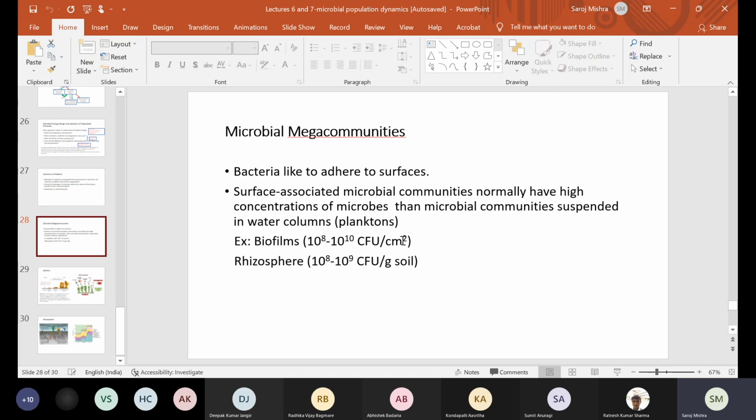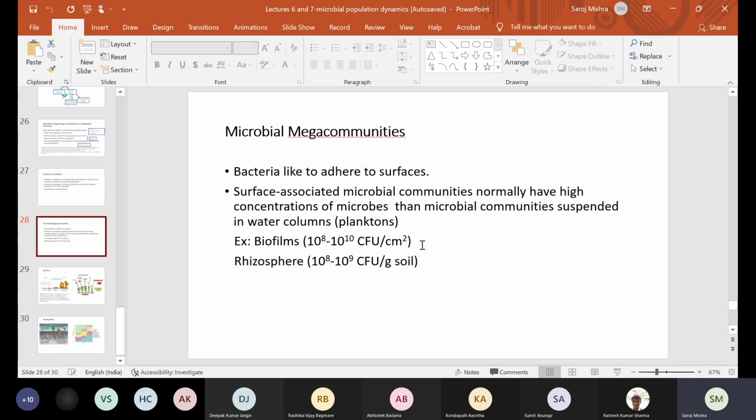Of that 1 ml, you can do serial dilutions, because if you plate that entire 1 ml, you can't count 10 to the 8, 10 to the 10 colonies in a plate. It's just too crowded, and you will not be able to count individual colonies. So out of that 1 ml, you can make a 1 to 50 dilution, 1 to 100 dilution, 1 to 200 dilution, and then plate that on an agar plate which contains LB.